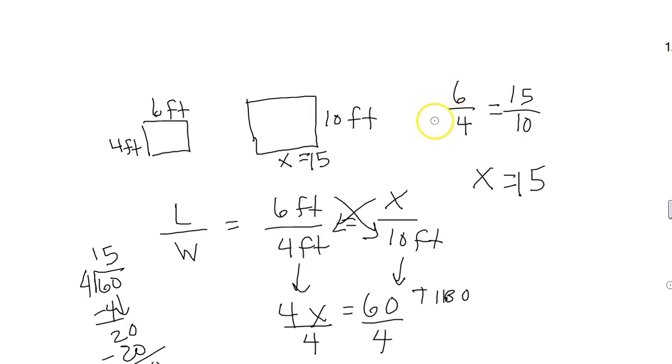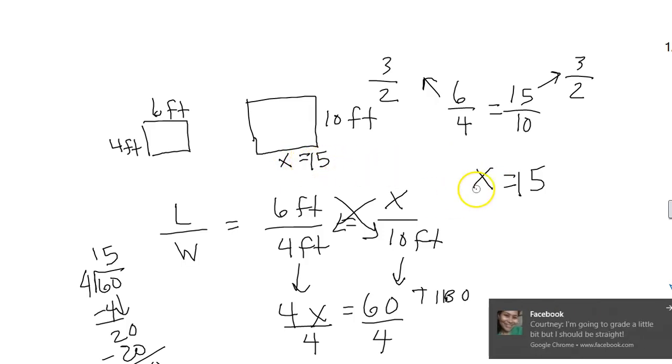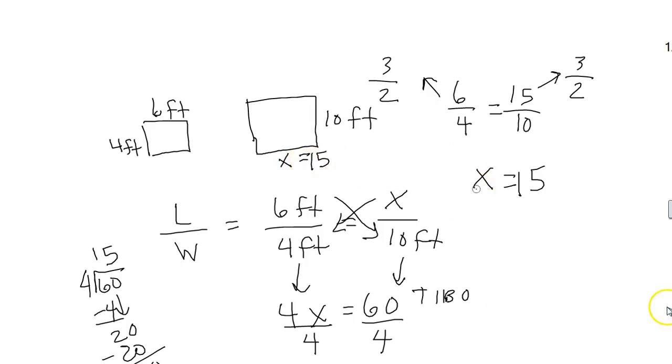If you reduce both sides, if you divide that by 2, you get 3. You divide this by 2, you get 2. Over here, if you divide the top by 5, you get a 3. You divide the bottom by 5, and you get a 2. As you can see, 3 halves is equal to 3 halves. So x has to be 15. So the answer here is 15.